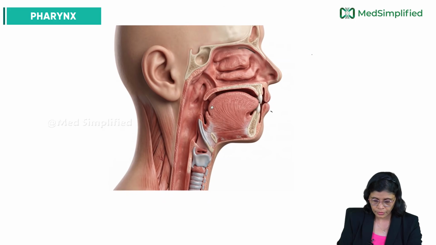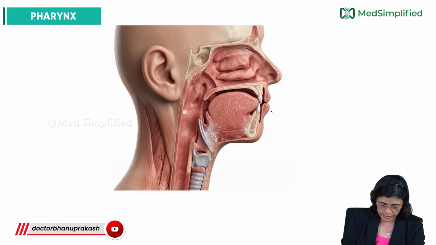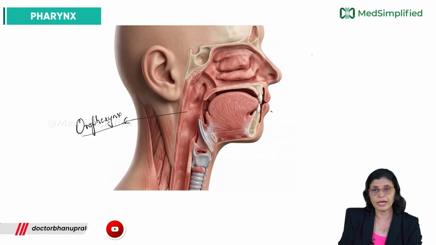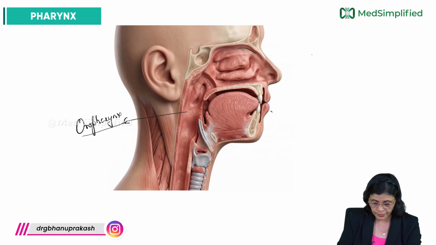So the oropharynx, here we have this part. This is the oropharynx, which is located behind the oral cavity. In front we have the oral cavity, which communicates through the oropharyngeal isthmus.